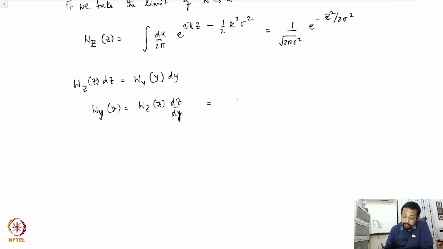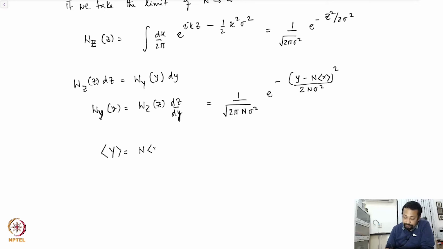And once you do that, you are going to get this as 1 over square root 2 pi n sigma square, e to the power y minus n average x whole square divided by 2n sigma square. So the average of y is n times average of x, and sigma square y is n times sigma square x.